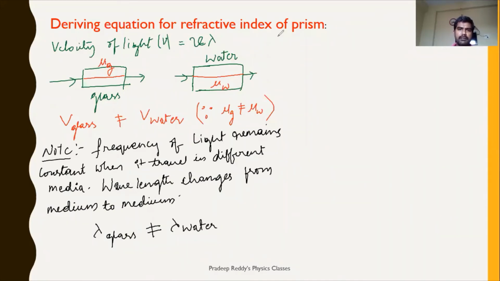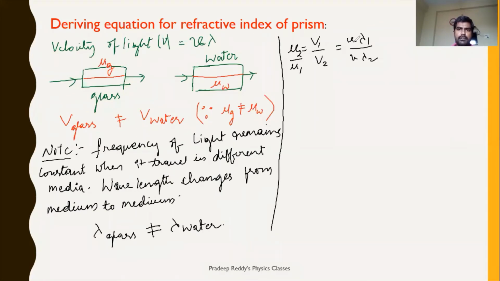Both are different. Wavelength does undergo change because refractive index of the second medium divided by refractive index of the first medium will be equal to V1 divided by V2, right? So V is equal to nu lambda, so it is nu lambda 1 divided by nu lambda 2.